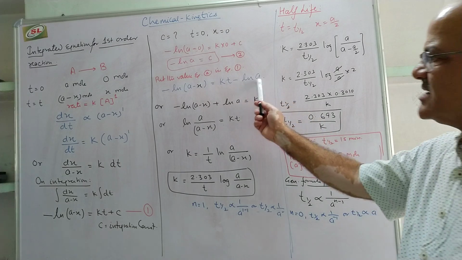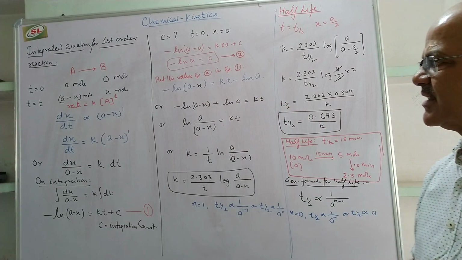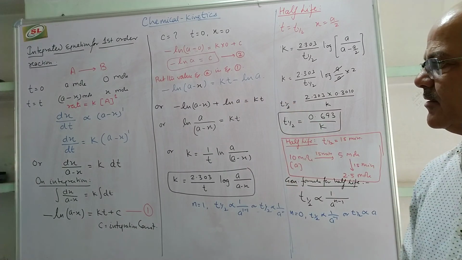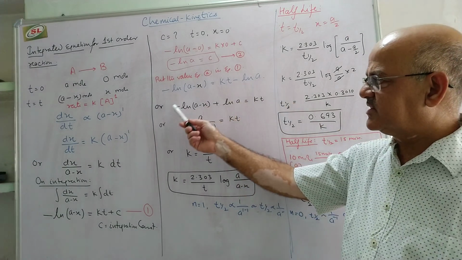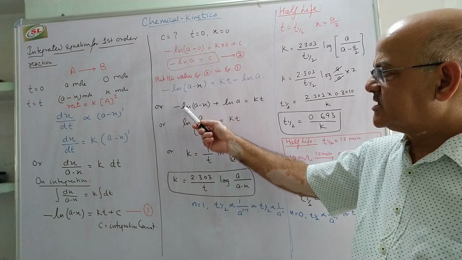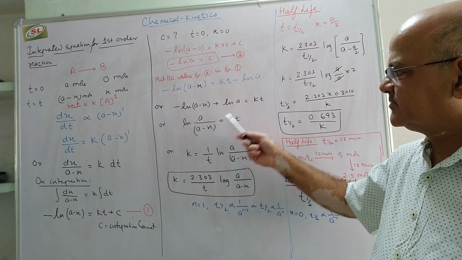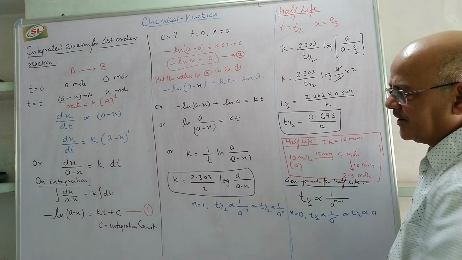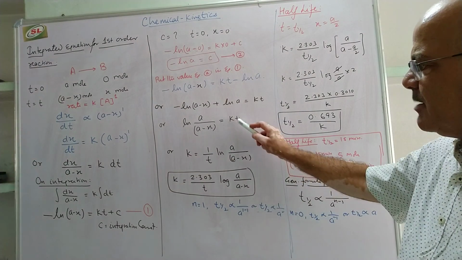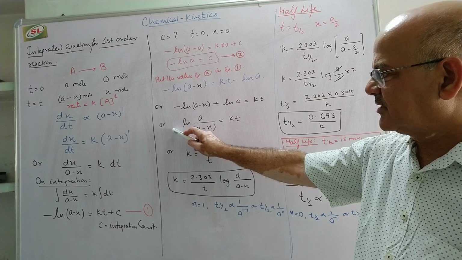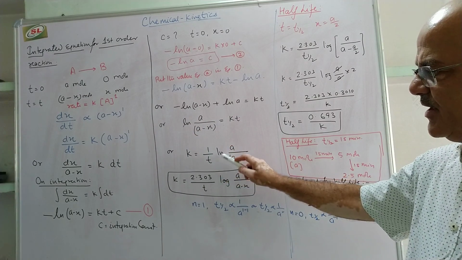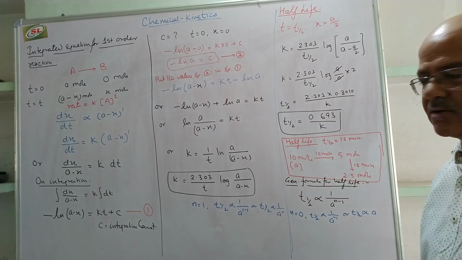We can bring minus ln a to the left hand side, where it becomes plus ln a. Because the remaining term is negative, we can bring it down: ln a upon a minus x is equal to kt. We bring the t over here, so that k becomes equal to 1 upon t ln a upon a minus x.